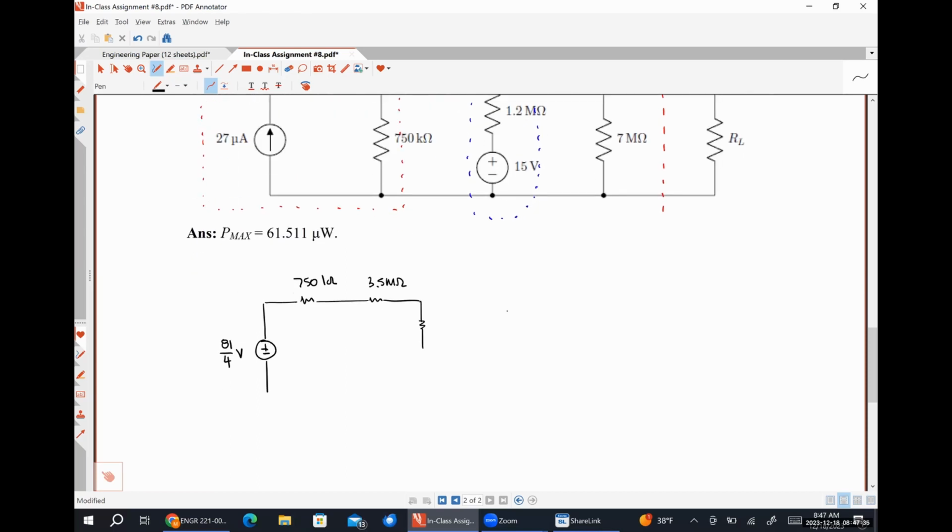Here we have 1.2 megaohms in series with 15 volts, excuse me, in series with 7 megaohms, if that was in parallel with 7 megaohms, in parallel with our load resistance RL.